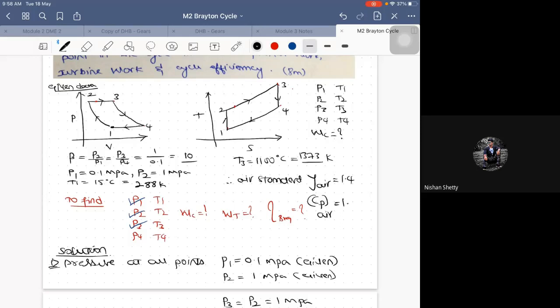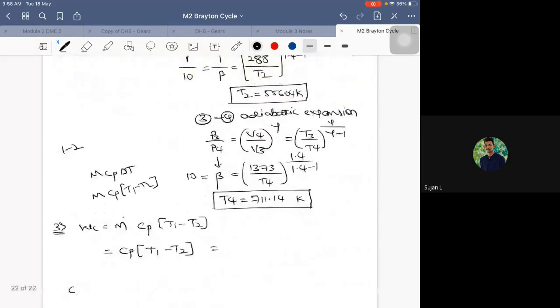Just check how many of you have your data handbook. The Cp value would be given there. Yes, 1.005 kilojoules per kg Kelvin. Okay, I would take that particular value.